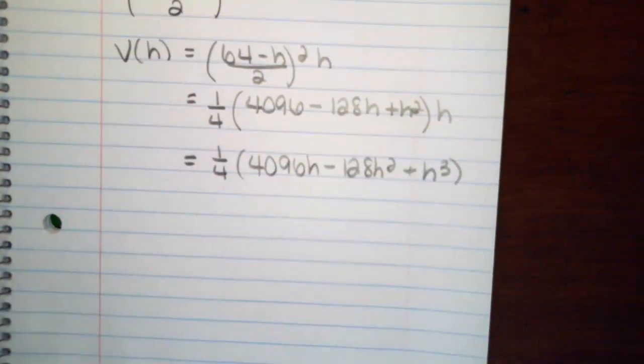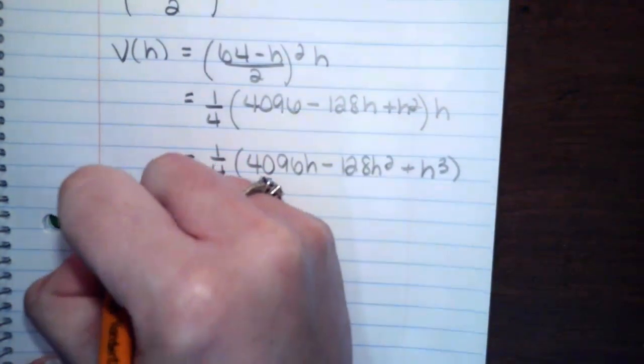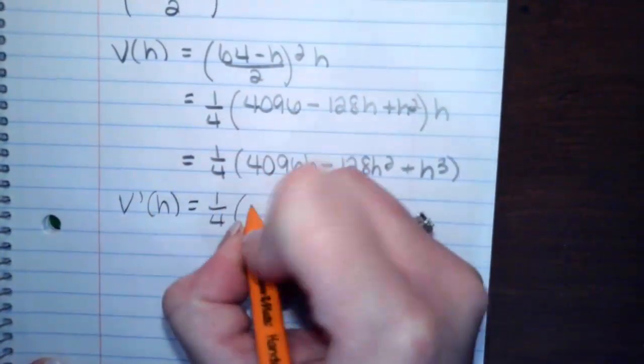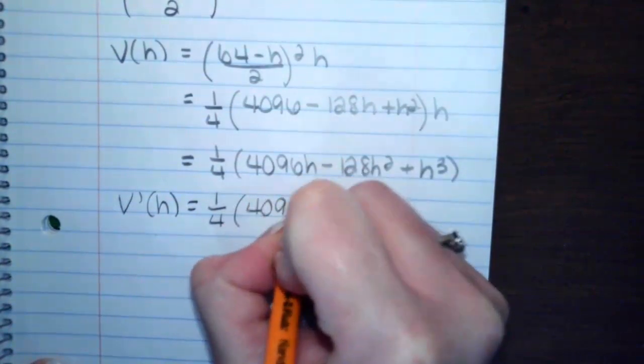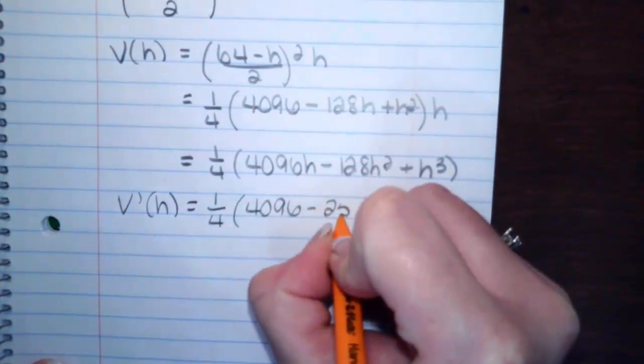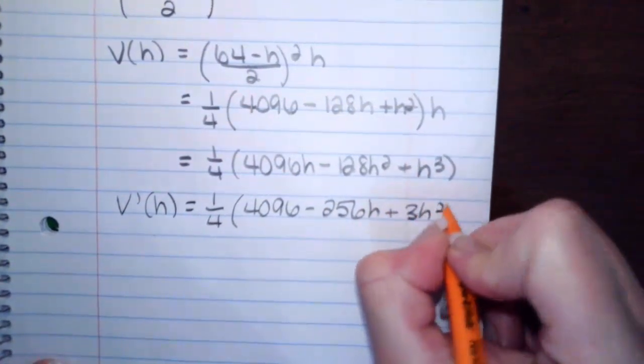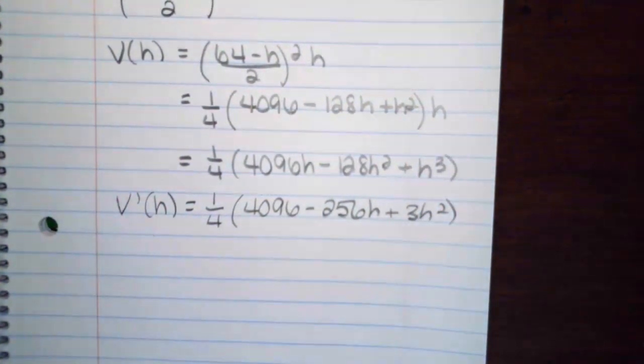And now I'm trying to maximize volume. So I've gotten all of this down to where my only variable is H. So now I can take a derivative. 1/4 is coming along for the ride, so I get 4096 minus 256H plus 3H squared. Do you hear my dog barking? Okay. And I would like to set that equal to 0.